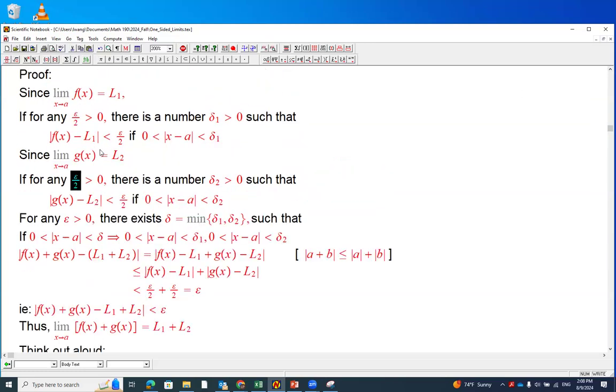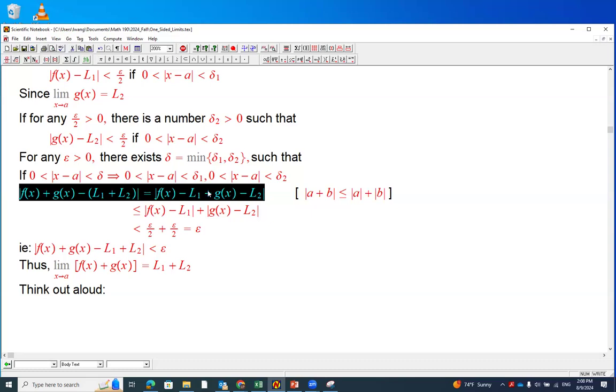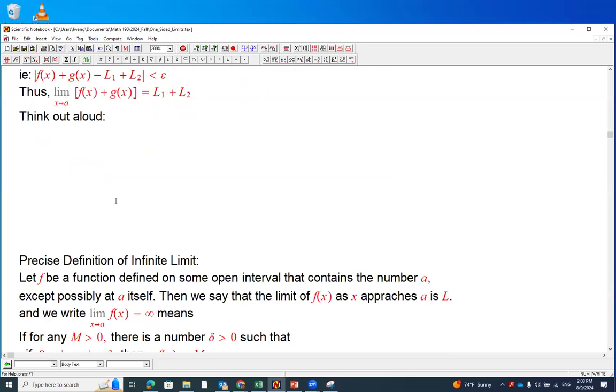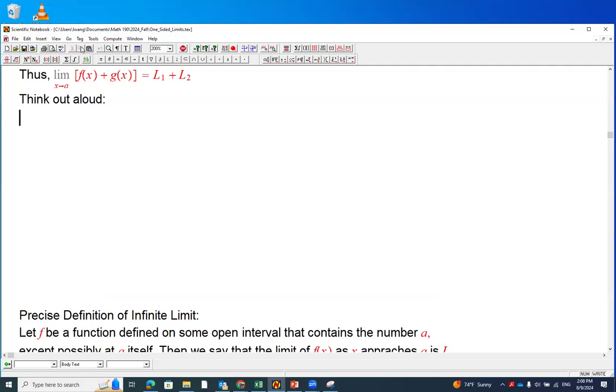Why half epsilon, right? Well, once again, we know that if this is what we wanted, right? So we worked it out on the scratch paper, we have done some work.